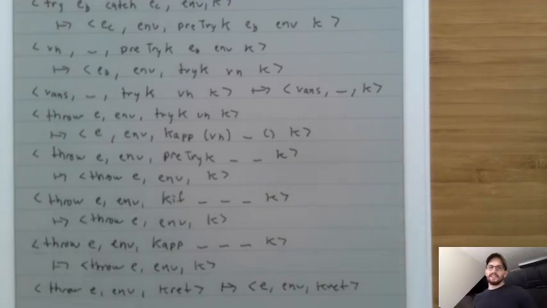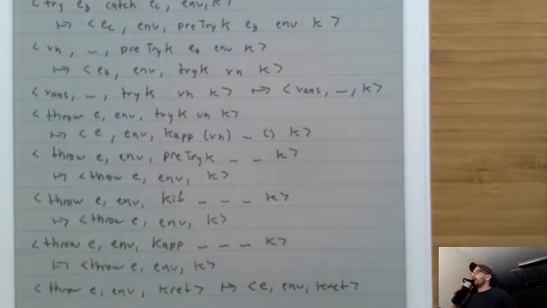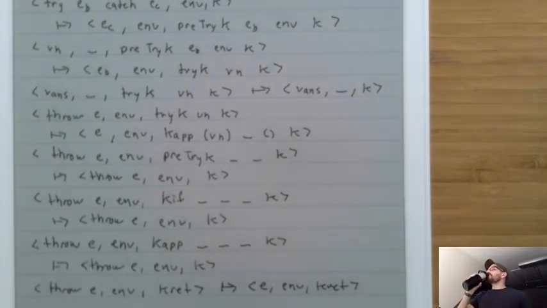Because this means that we popped all the way back to the top of the stack, and we didn't need any of those continuations because there was no catch. So that means that this value throw will just go all the way to the back. All right, isn't that beautiful?